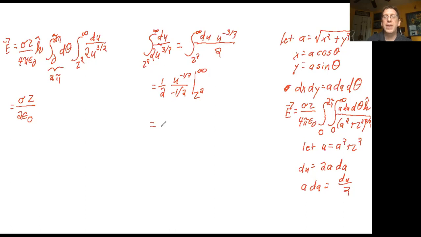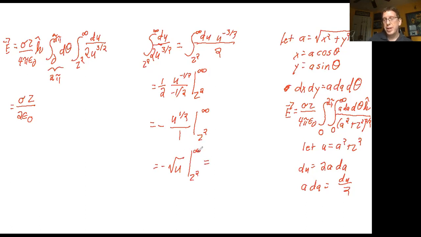Bringing the negative out, u to the 1/2 over 2 times 1/2, so that's just 1, and you can write that as the negative of the square root of u from z squared to infinity.